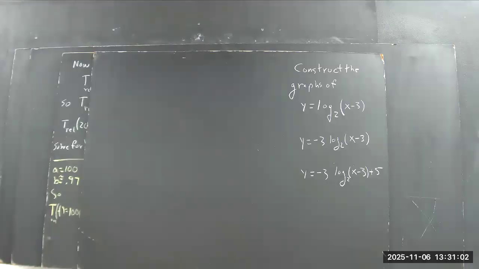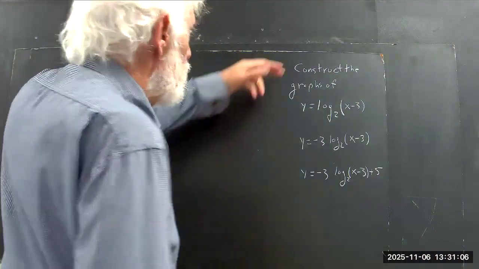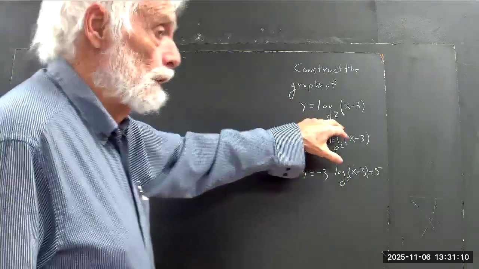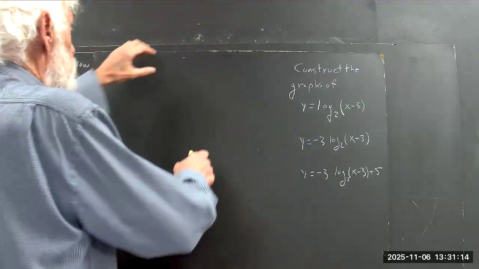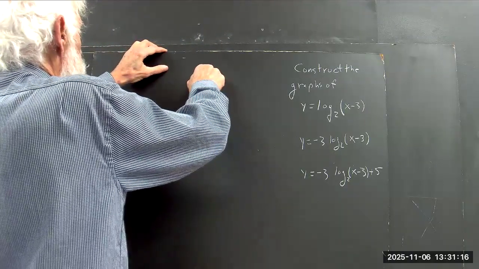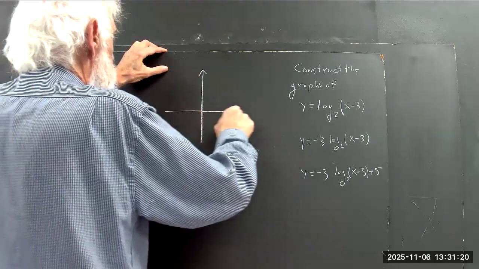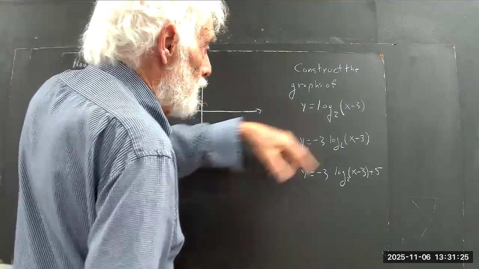Okay. I want to construct these 3 graphs, all graphs based on the log base 2. First of all, let's sketch a graph of the base 2 log.